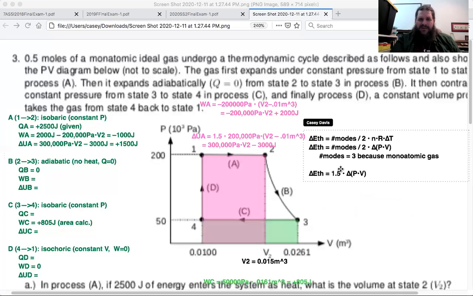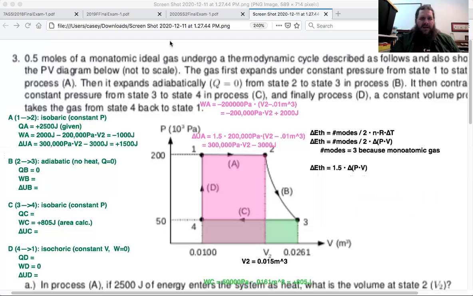Now that we actually have V2, we can say for process B, delta UB is going to be 1.5 times P final V final minus P initial V initial. We're ending at 0.3, so that'll be P3 times V3.